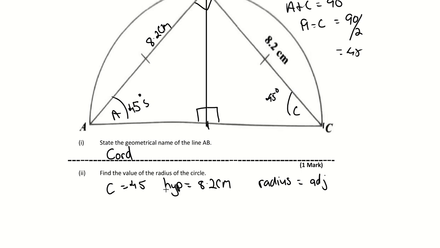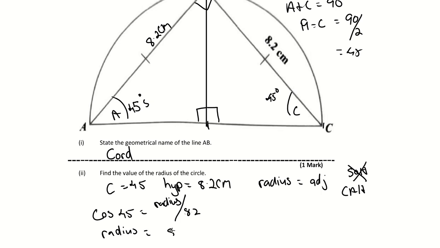We have hypotenuse and radius, so it is CAH, because it's adjacent and hypotenuse. So cos 45 is equal to your adjacent, which is the radius, over your hypotenuse, which is 8.2. So if I carry across 8.2, dividing becomes multiplying.